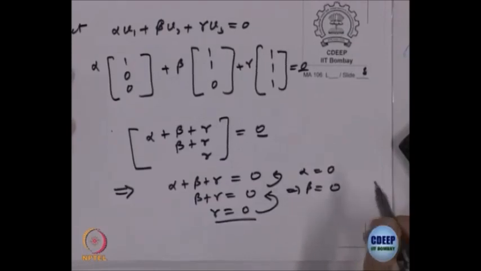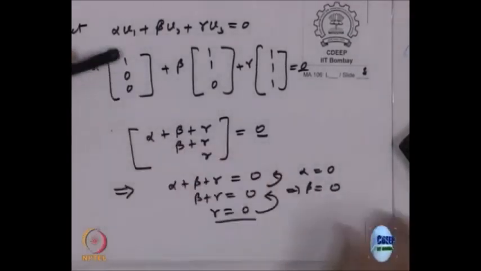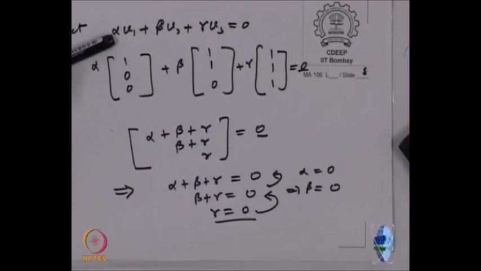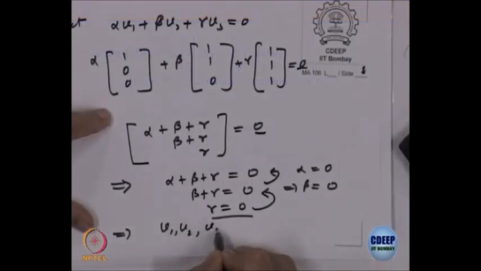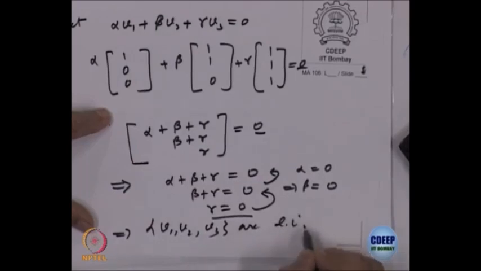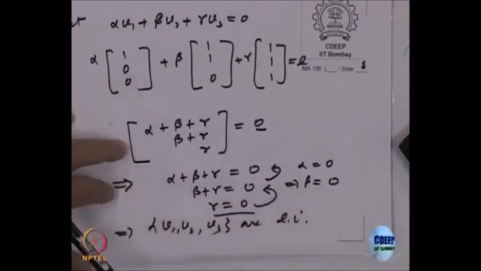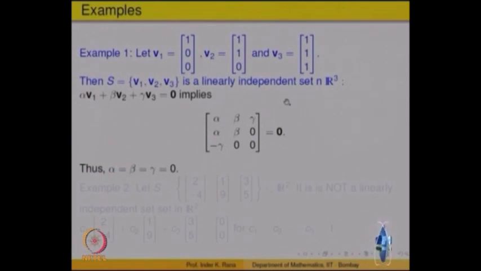So these 3 vectors in R3, v1, v2, v3, are linearly independent. That is the proof I just gave, starting from the linear combination equal to 0. Let us look at another example.